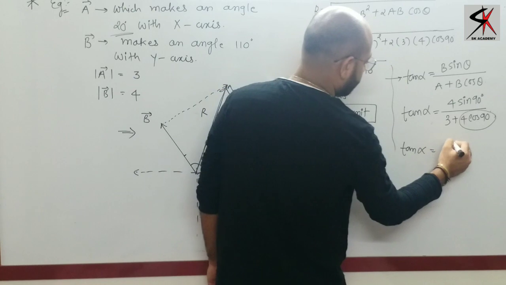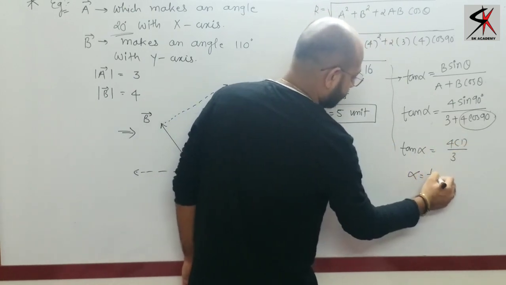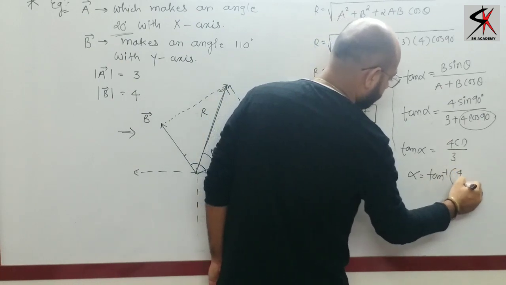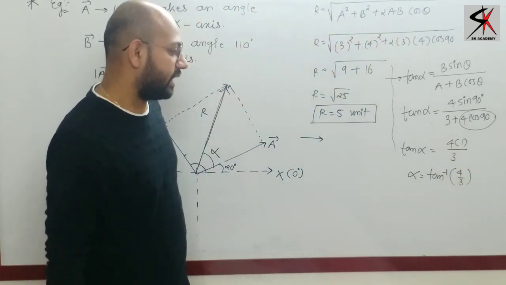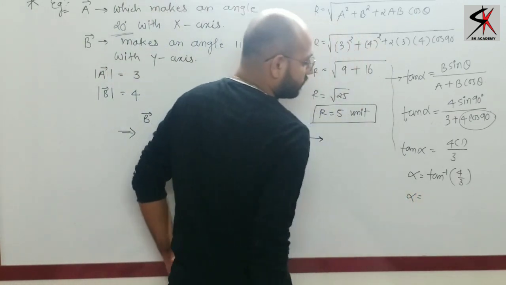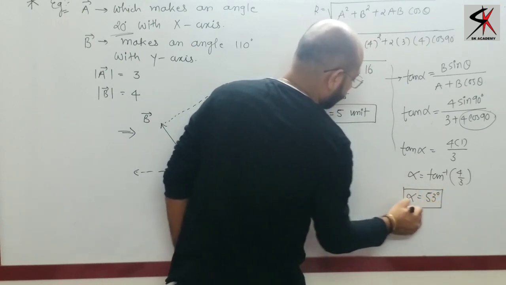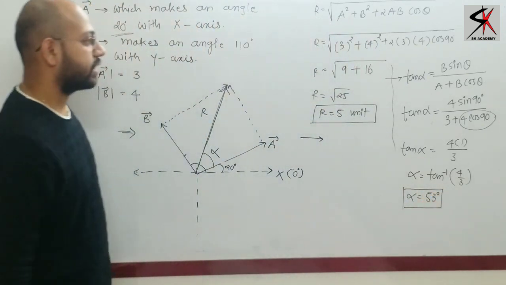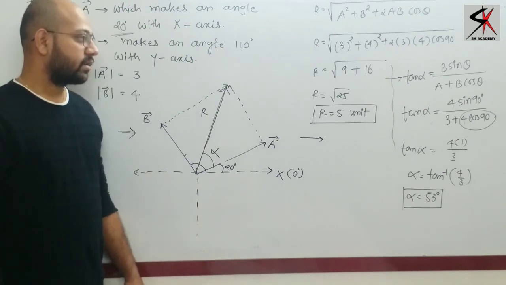So tan alpha is equal to 4 into 1 divided by 3. Alpha is equal to tan inverse 4 by 3. At which angle is the value of tan 4 by 3? Alpha is equal to 53 degree. At 53, the value of tan is 4 by 3. Write it down in your notebook.